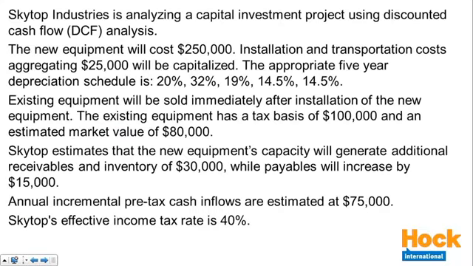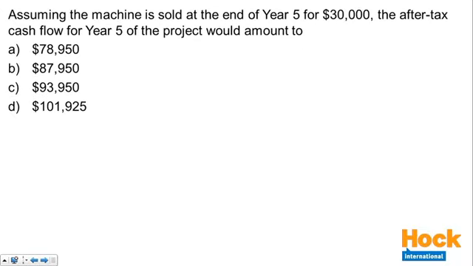So, continuing on, our last question, here's all the same information again. Our last question is, assuming the machine is sold at the end of year 5 for $30,000, the after-tax cash flow for year 5 of the project would amount to how much? What is it going to be for year 5? Well, we can go ahead and create the things that we're going to have to do.